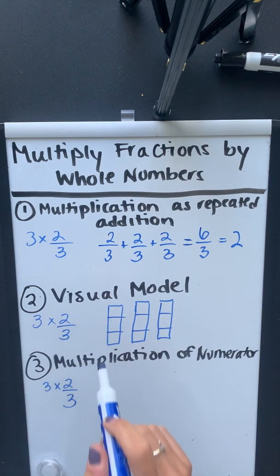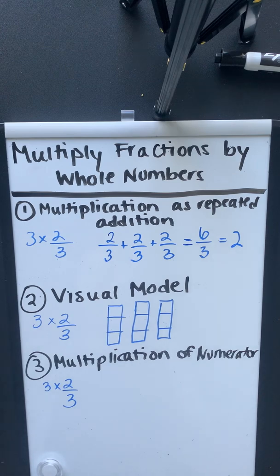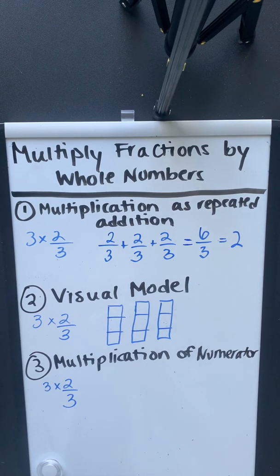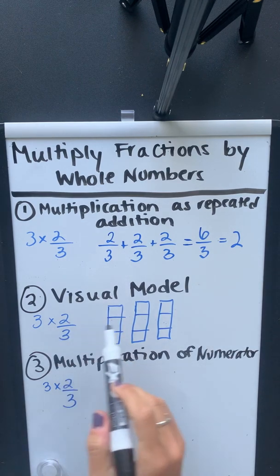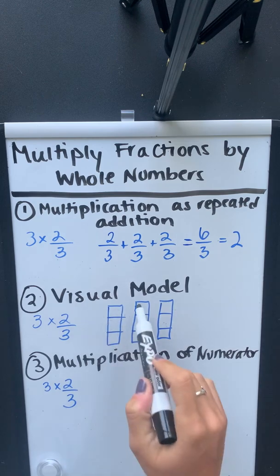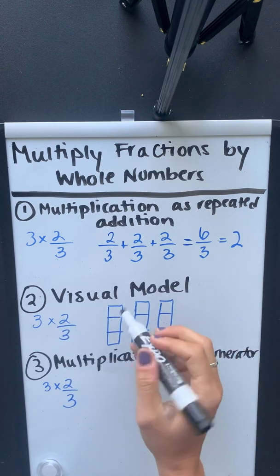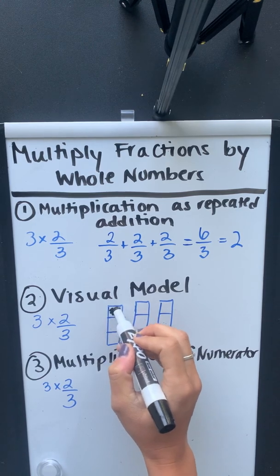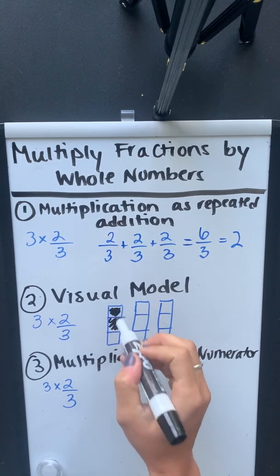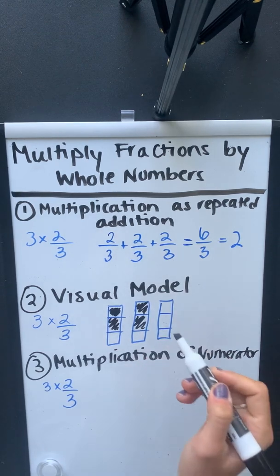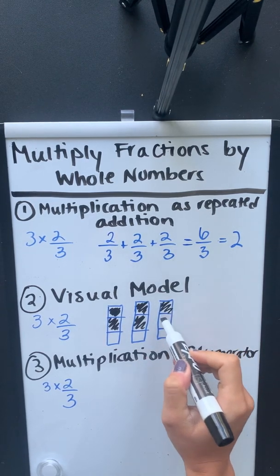My second way is to use a visual model, and I want you guys to pay close attention to this because with your worksheet you guys are going to be using visual models. So in this case, I have my 3 groups because these are my 3 wholes, right? And if I'm representing 2/3, I know that this is going to be colored in, and this is going to be colored in. That's 2/3. This is 2/3, and this is 2/3.